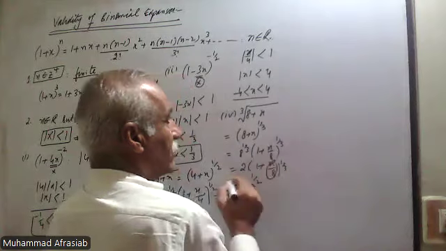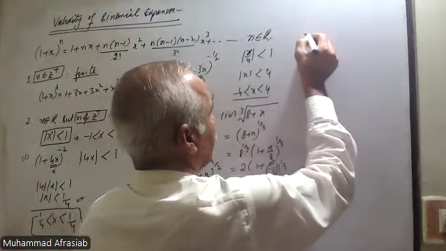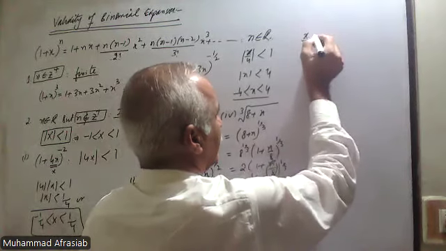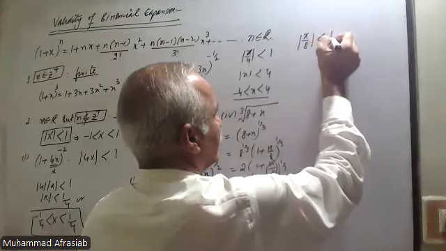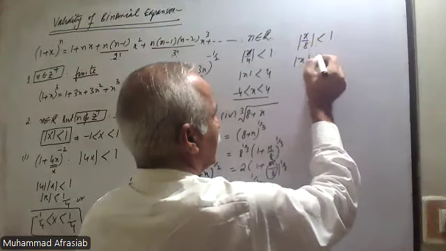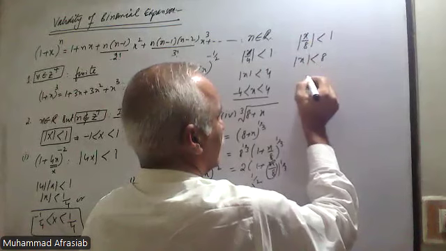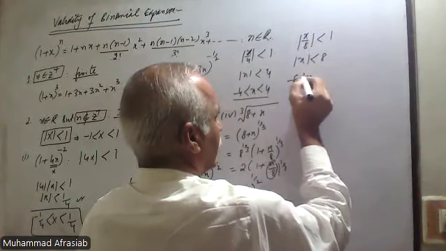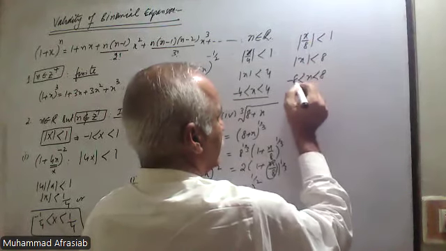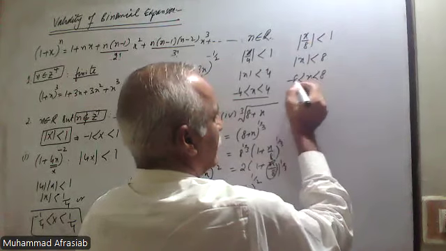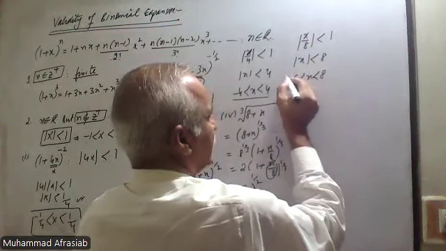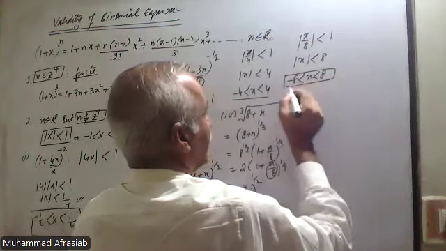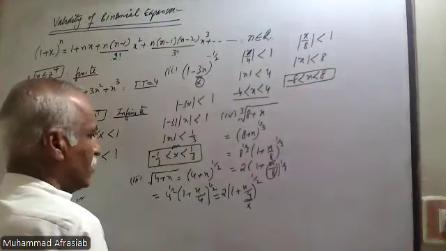Here x is equal to x/8, and its modulus should be less than 1, so |x| is less than 8. x is greater than −8 and less than 8 is the answer for this portion.